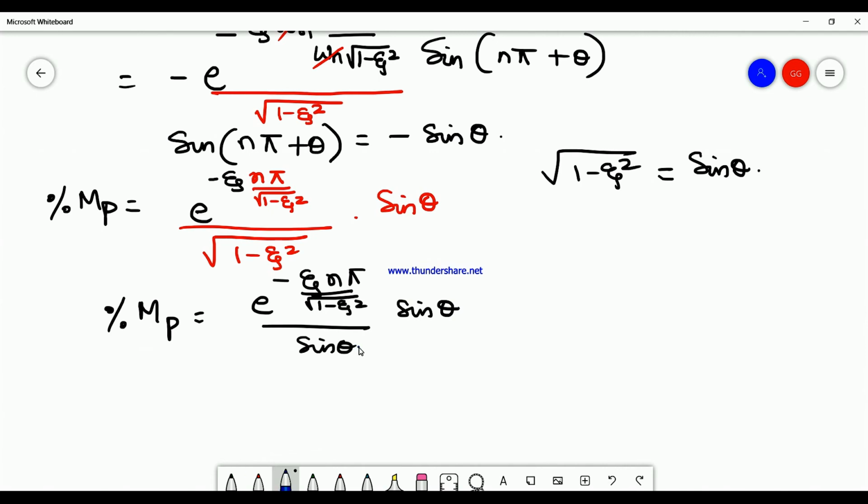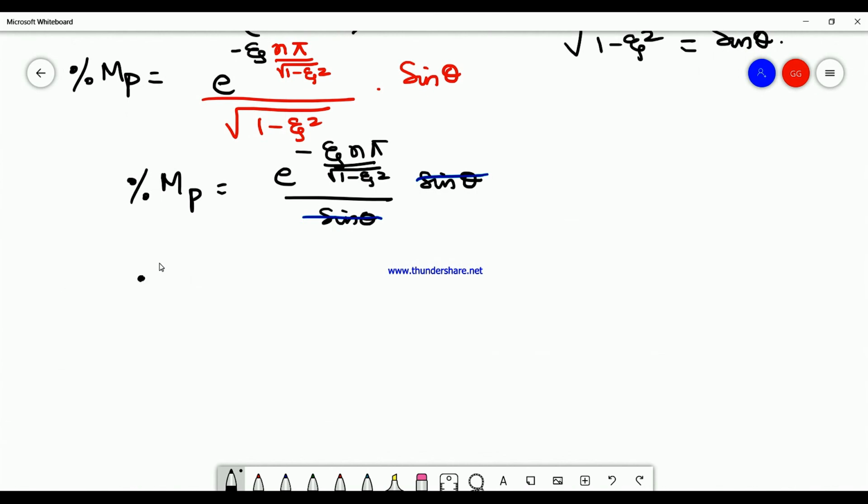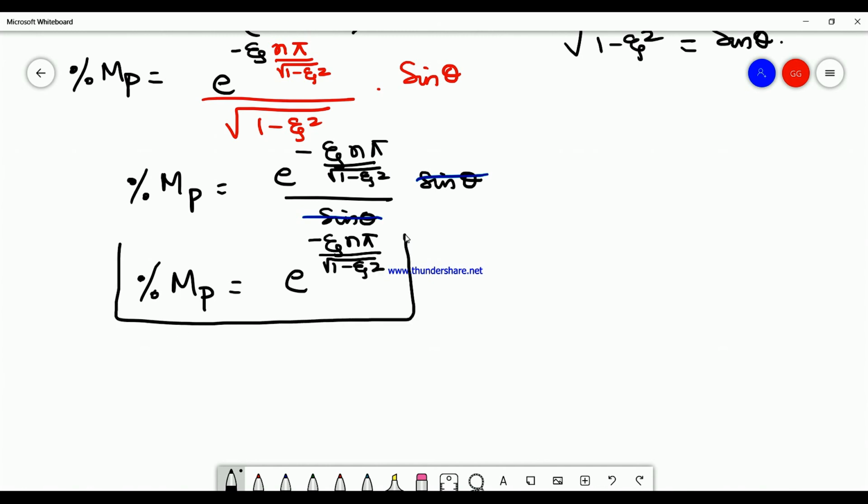So this both gets cancelled. Therefore finally the percentage of MP would be equal to e power minus zeta n pi divided by square root of 1 minus zeta square. So this would be the equation for maximum peak overshoot that we find.